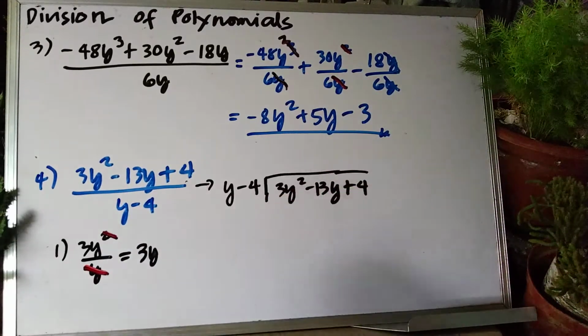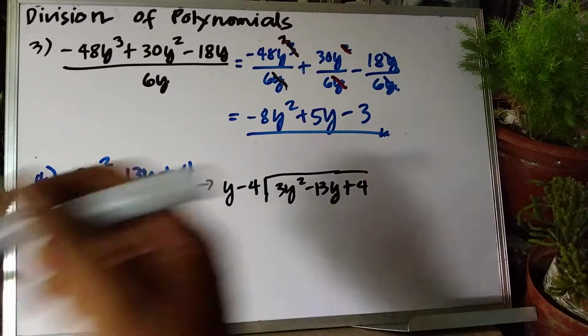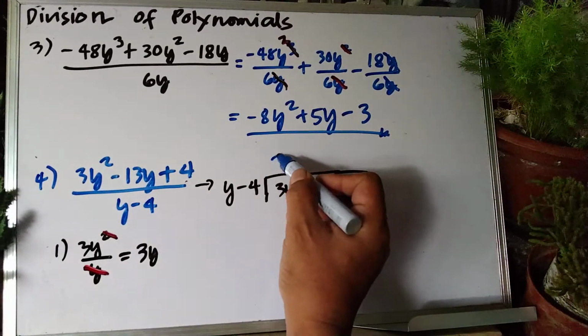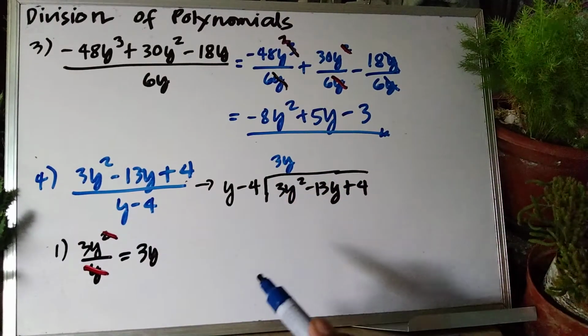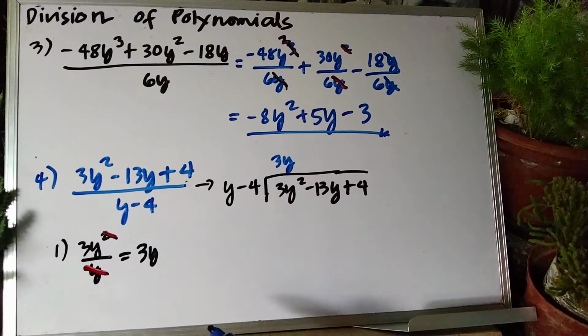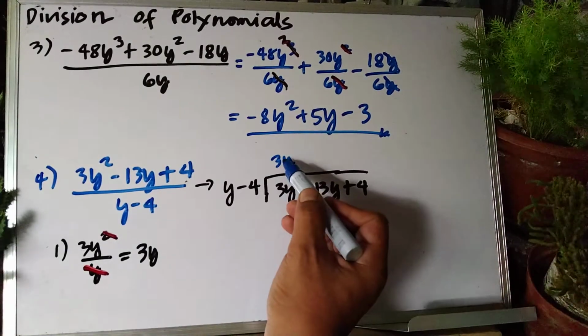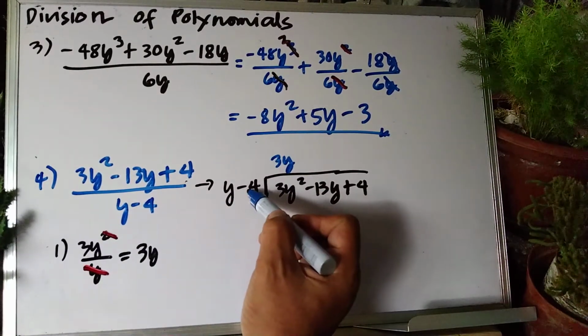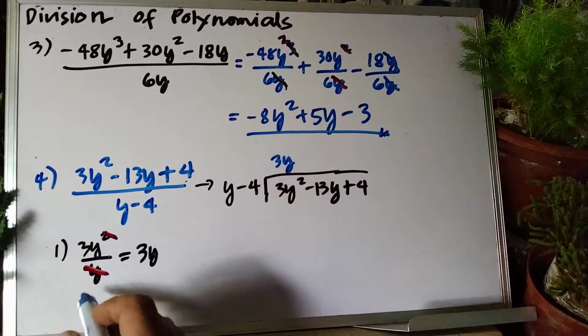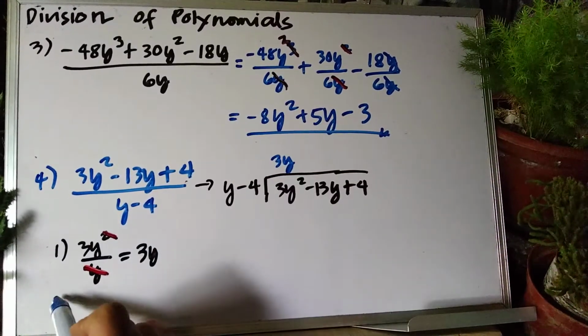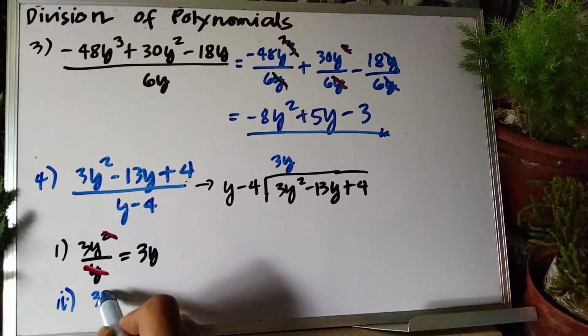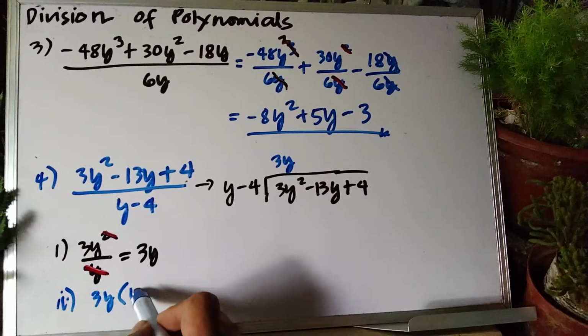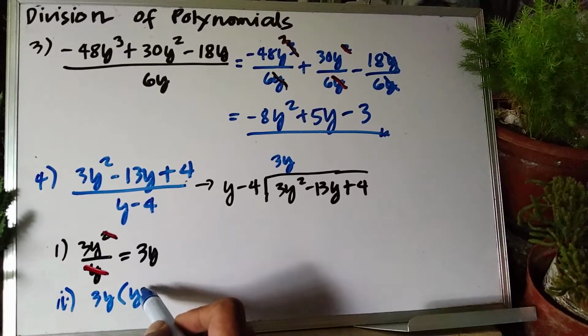So now we will write 3y. Okay. What's next? Now you will distribute 3y to each term here. Okay, what does it mean? Si 3y daw, step 2, you will multiply 3y by the divisor, no?